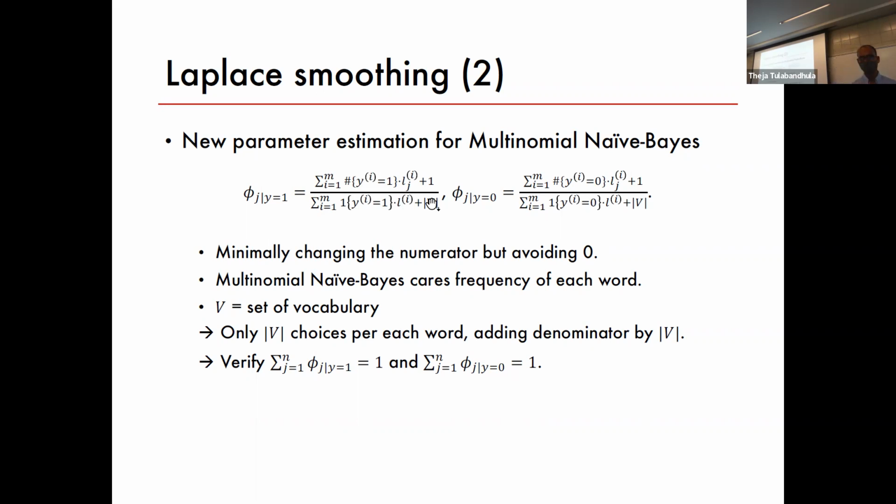Again, you can easily see that if the first term is 0, then you still have a 1 by some positive term in the denominator. So here you are increasing it by the size of the vocabulary, because the count by count ratios are different. Again, you can check that for this choice of 1 by v, the sum is again 1.